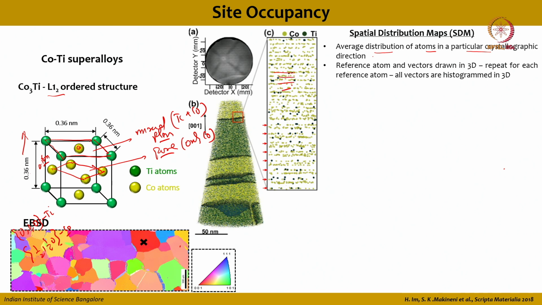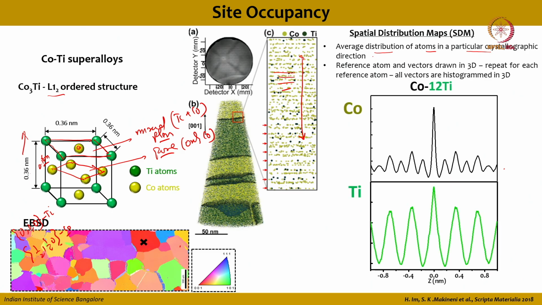Fine. Now if you plot an SDM map along this particular direction for this particular unit cell, you can see that this is the distance 0, 0.4, 0.8, and you can see that at each 0.36, this is at 0.36, this is at 0.72, the titanium peak appears.